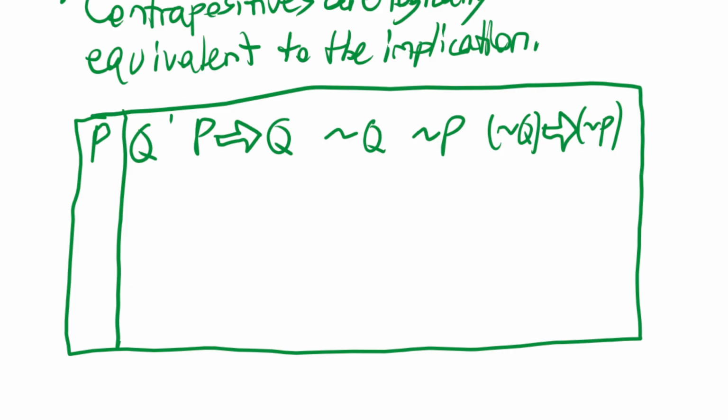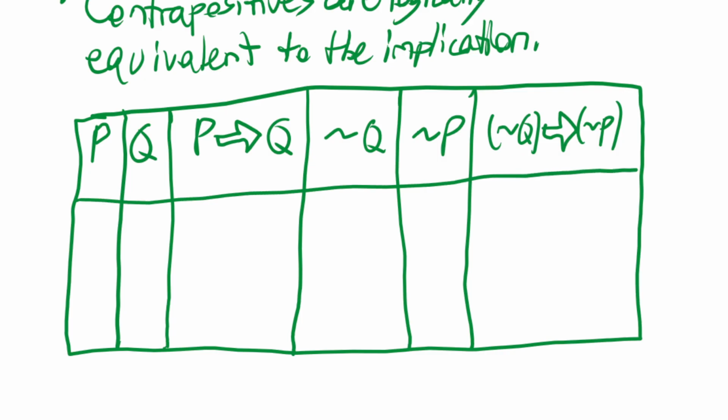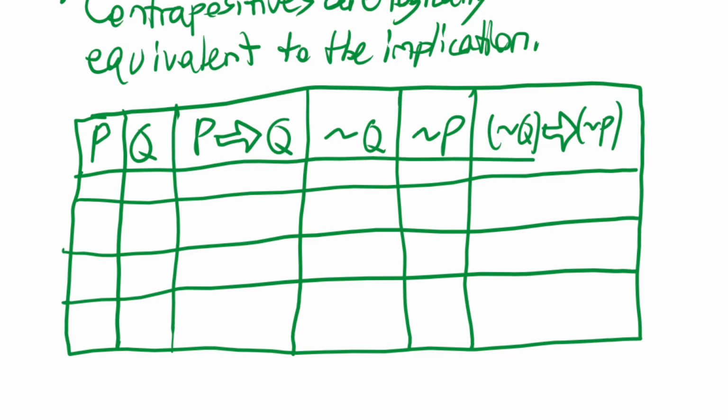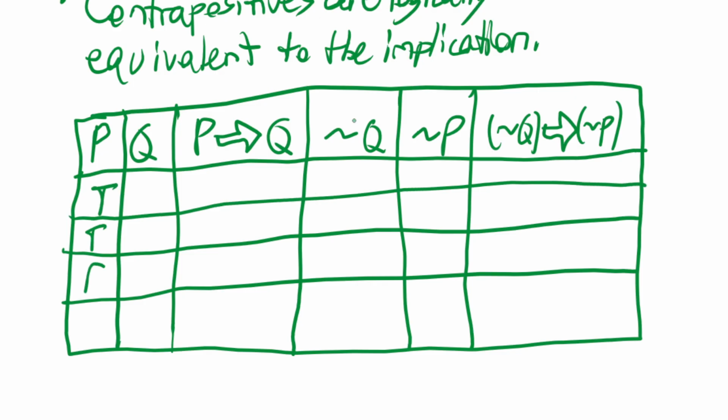So we have our columns and our rows. So if we were to fill out this truth table, we have true, true, false, false, true, false, true, false.